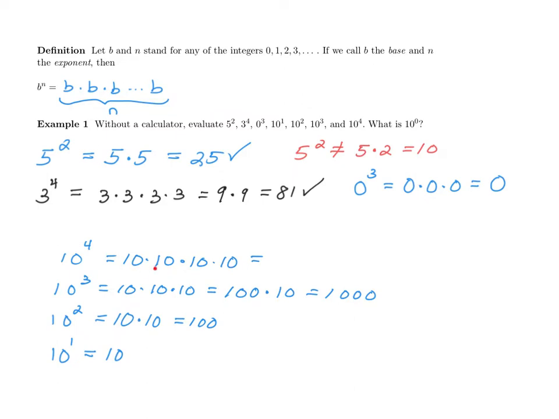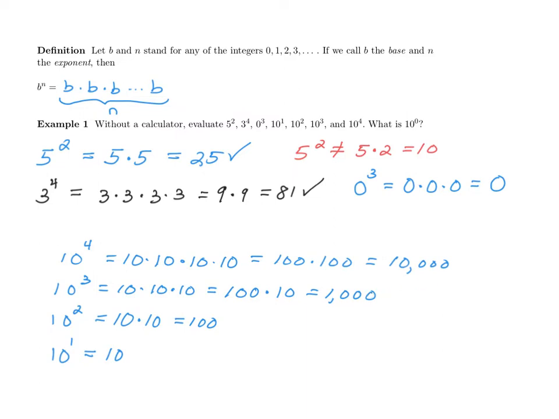Well, 10 times 10 is 100, and 10 times 10 is 100. This is 100 times 100, and that is equal to 10,000. Maybe I'll put a comma here and here just to distinguish these a little bit better. So we have 10 to the 1st, 2nd, 3rd, and 4th. We had 10, 100, 1,000, and 10,000.